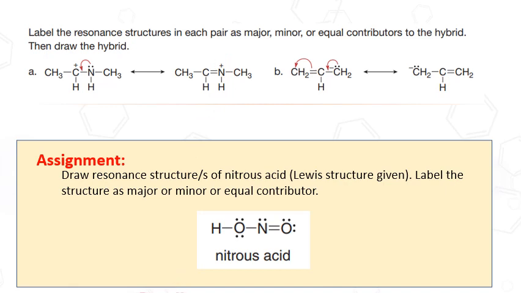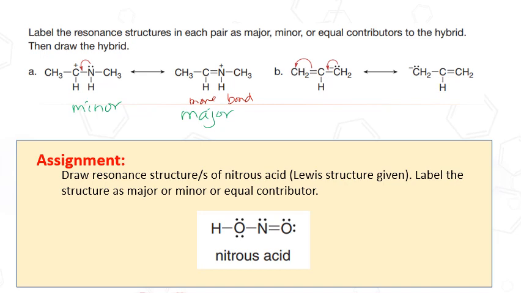Now remember, we want more bonds and fewer charges. This one has more bonds. They have the same charges, so we know that this is the major contributor, and this one, consequently, is your minor contributor.